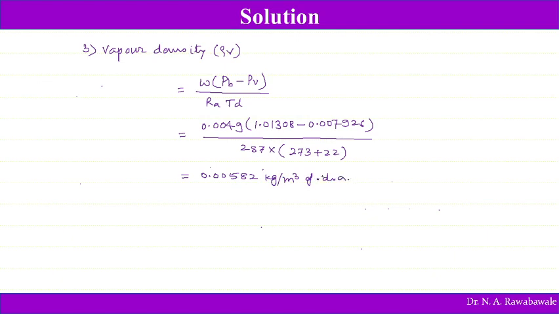So the last thing that we want to find out is enthalpy. Enthalpy H is given as 1.022 TD, TD means dry bulb temperature, plus omega into HFG at dew point temperature TDP, plus 2.3 into dew point temperature TDP.